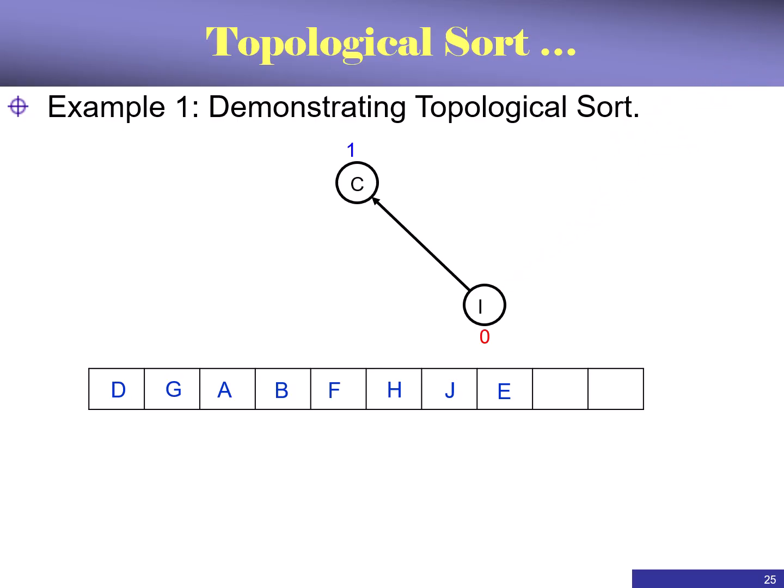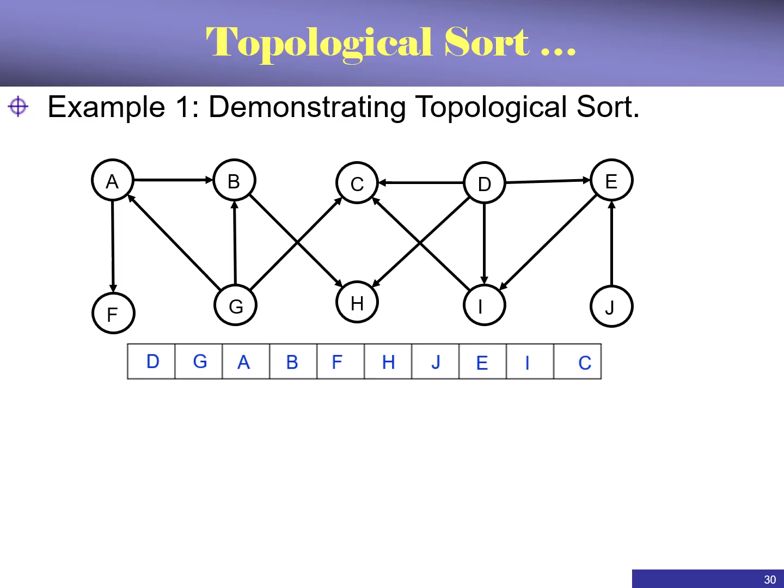Now recalculate in-degree. When I recalculate, there is no in-degree for C. So this is the sorted list, the topological sort for the given graph.